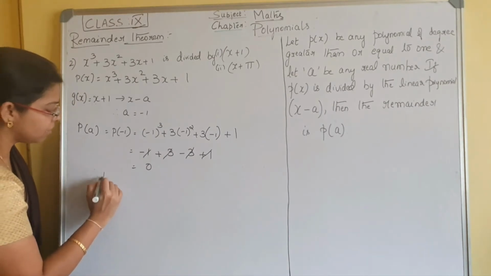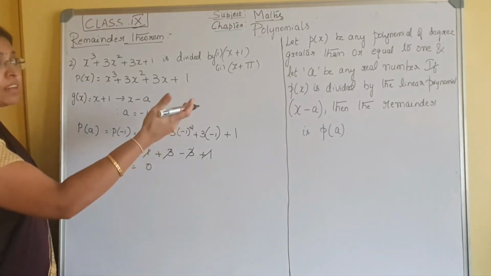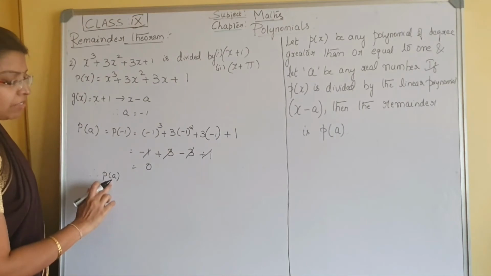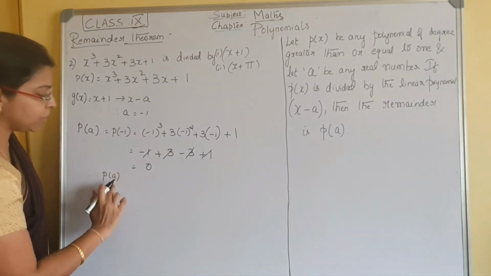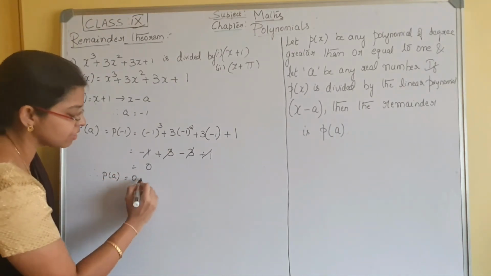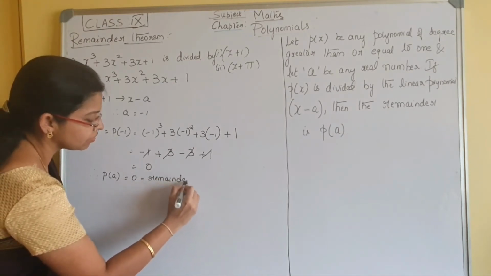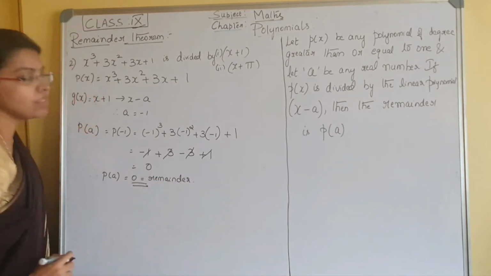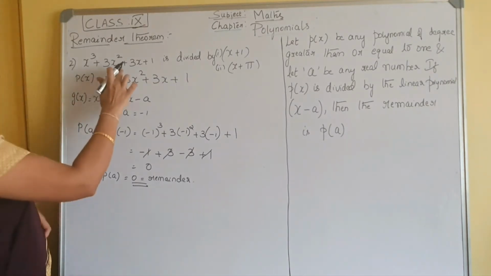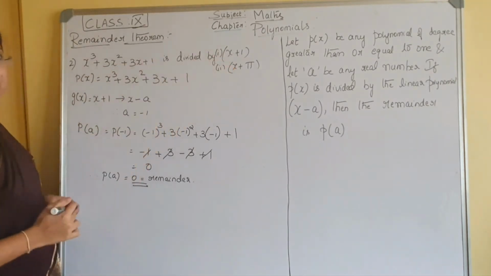Therefore, as per remainder theorem, p of a will give you the remainder value. P of a is equal to 0, this is nothing but the remainder. 0 is the remainder for this polynomial when it is divided by x plus 1.